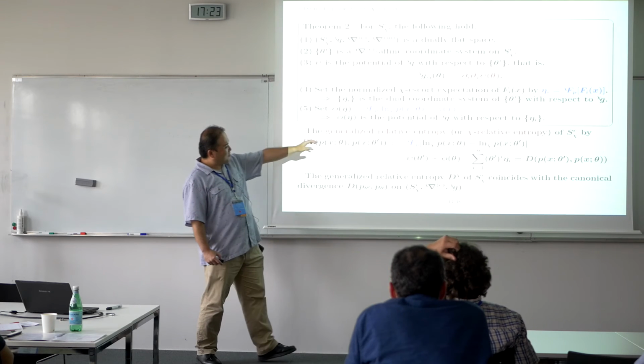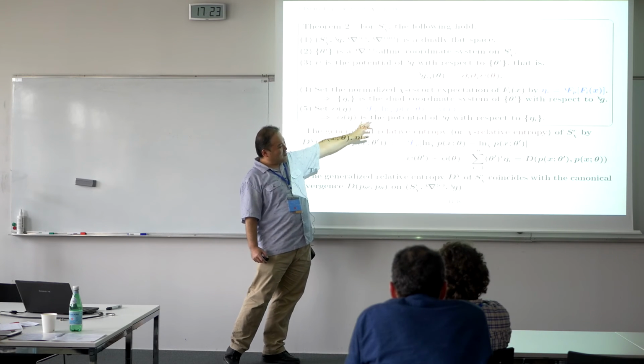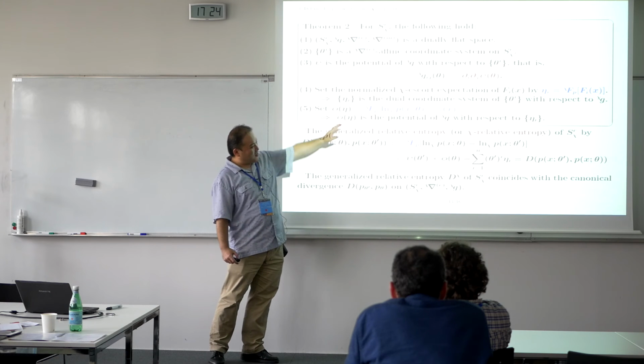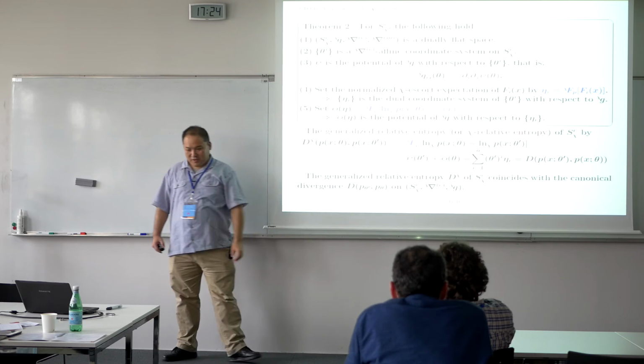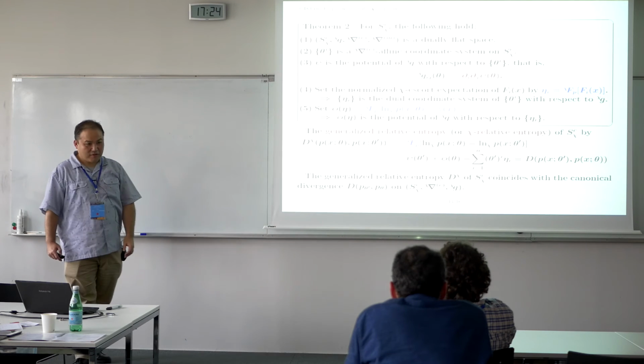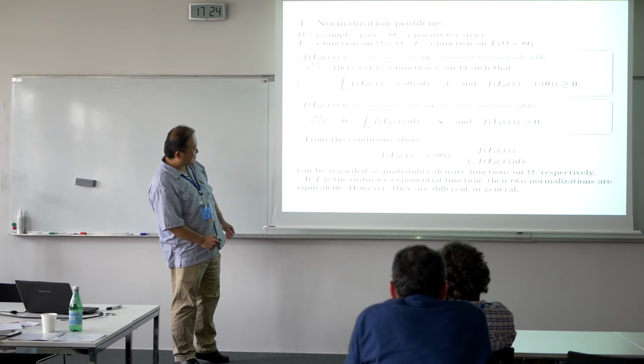And okay, so this is a negative entropy, and the negative entropy determines the dual potential of the deformed Fisher metric. So let us skip the divergence.